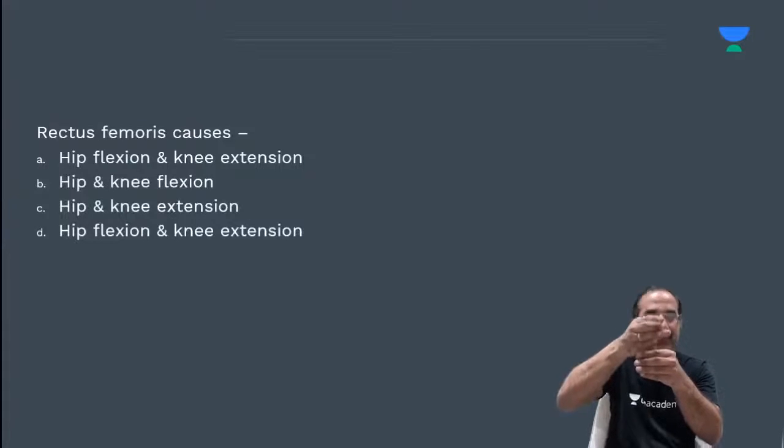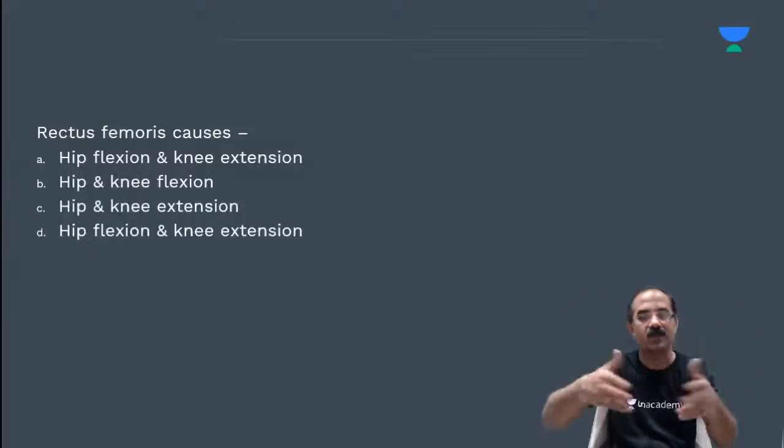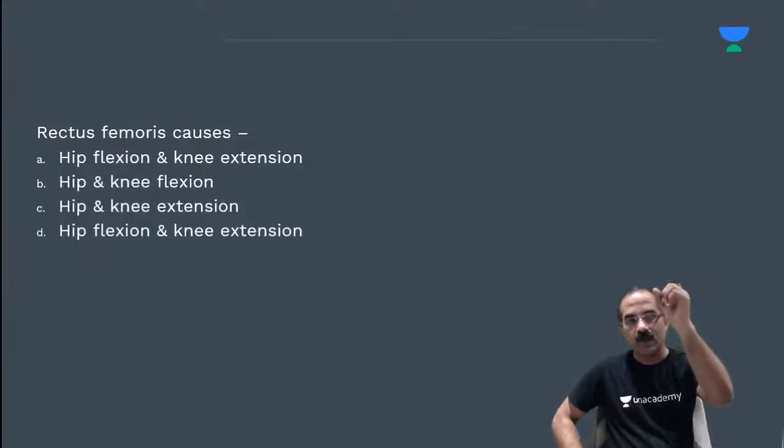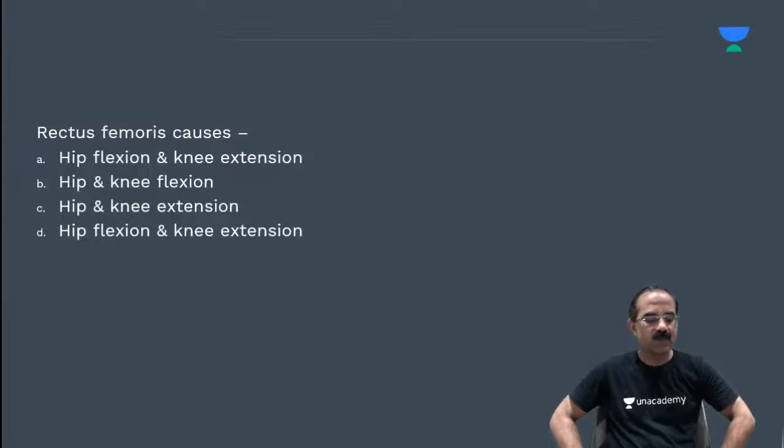It is not articulated until now. At this point, what does the femur do? The femur undergoes a medial rotation, and this is what we call the locking of the knee joint.